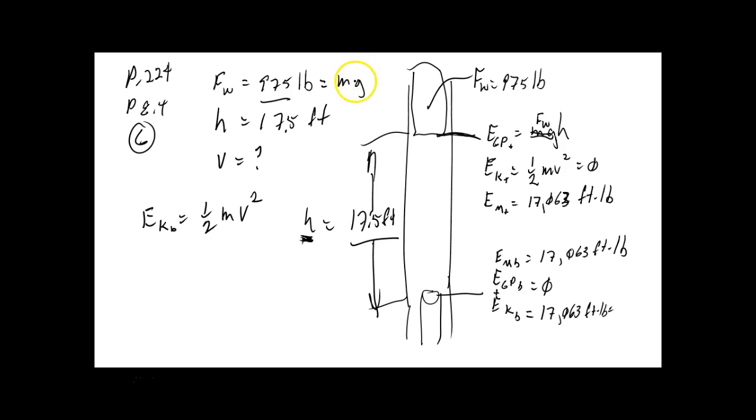So what we have here, the mass in slugs is equal to 975 pounds divided by the acceleration due to gravity, 32.2 feet per second squared. Okay, so do that one. 975 divided by 32.2.